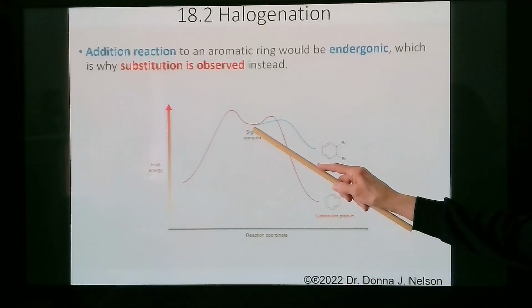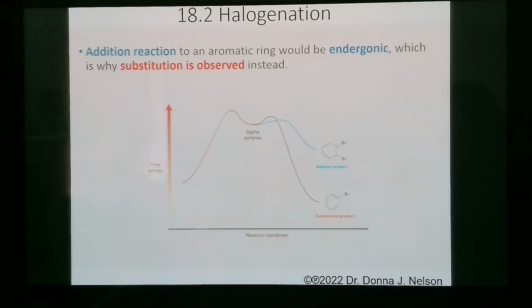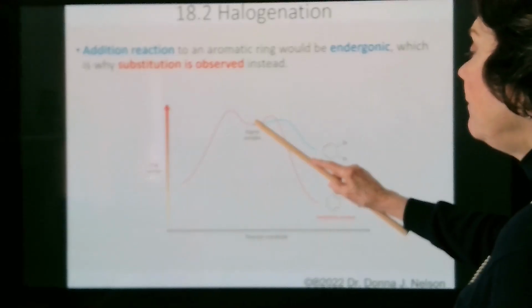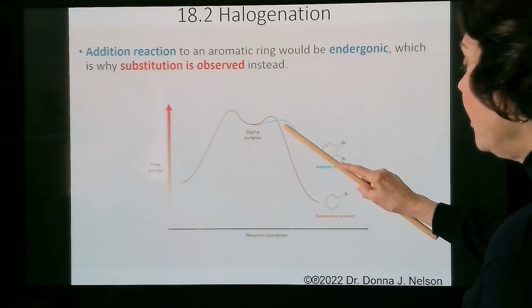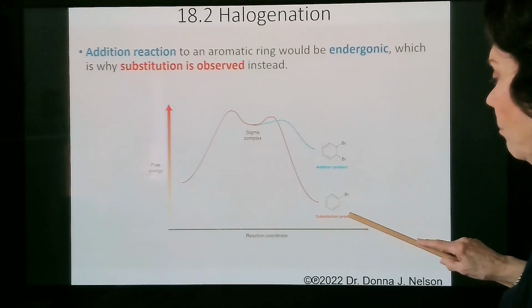It is at an energy minimum. This is the sigma complex with the different resonance structures. And then it goes on over the next energy hill and down and forms the substitution product.